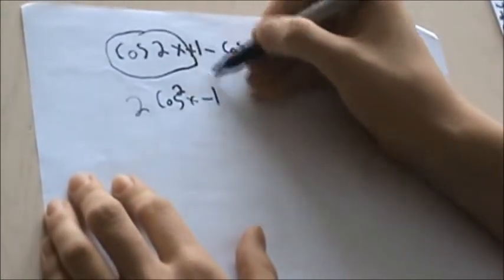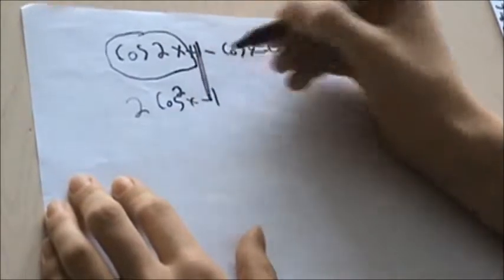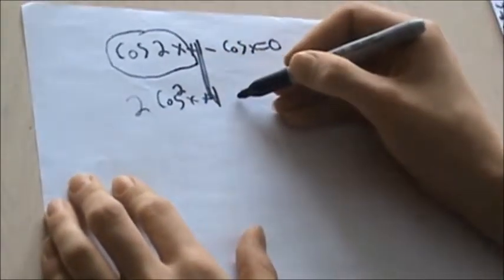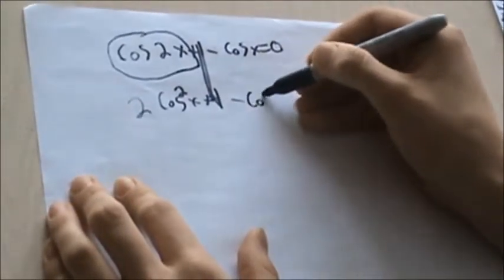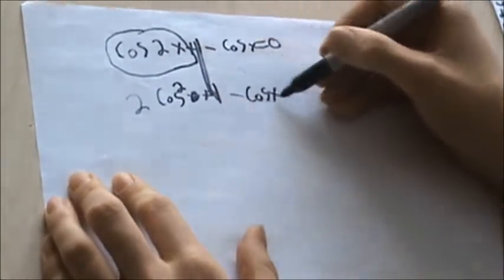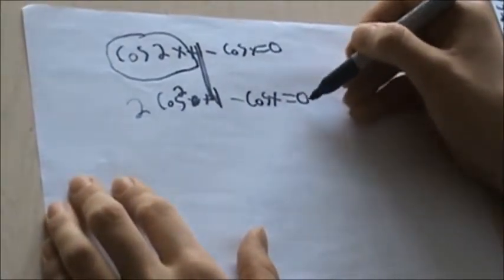Now if I put that back into the equation, the ones cancel each other out, so I'm just left with 2 cos squared x minus cos x. So I get 2 cos squared x minus cos x equals 0.